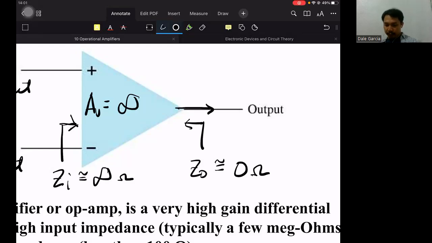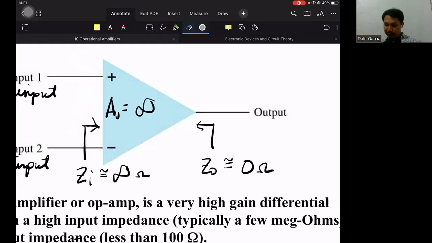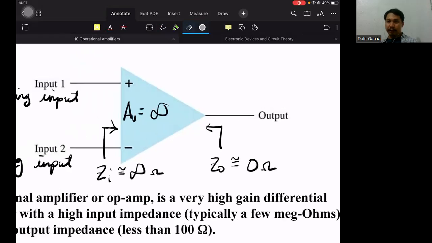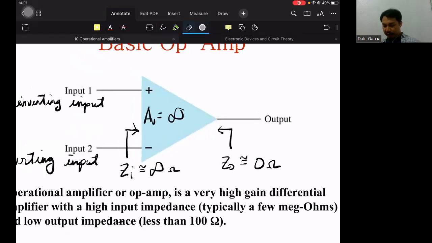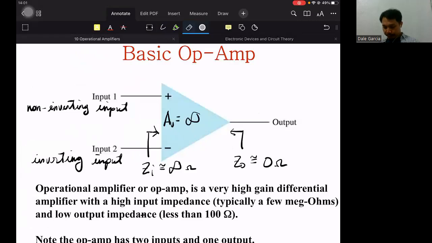So there's nothing sa output side na mupugong, no, or mo impede, no, mo resist sa flow of current to whatever output device ato i-connect sa operational amplifier. Meaning kanan energy, kanan current is mo flow sa load. Again, we'd very much like our ideal amplifier to have those characteristics: high input impedance and low output impedance.